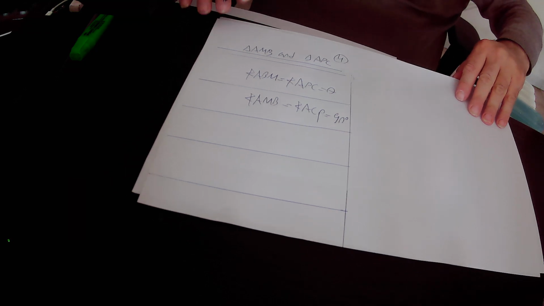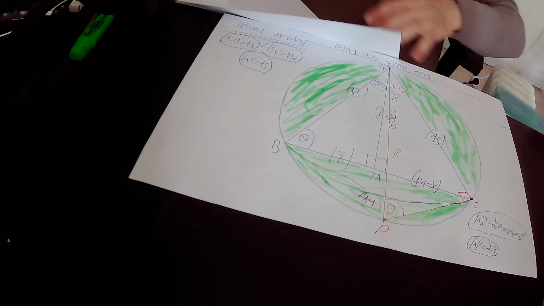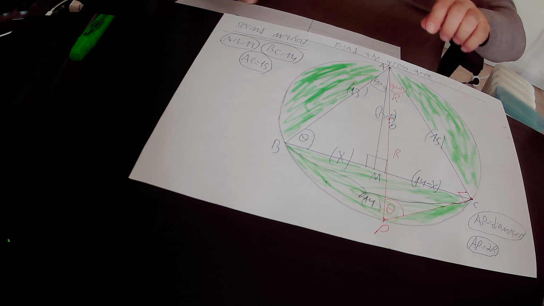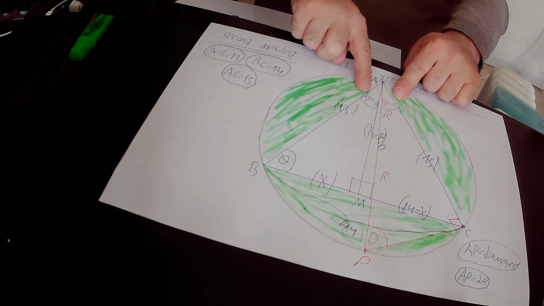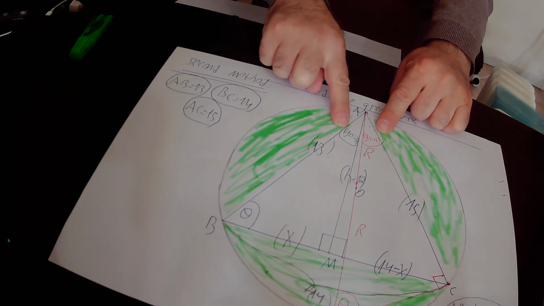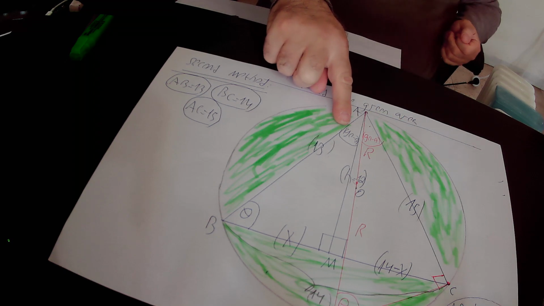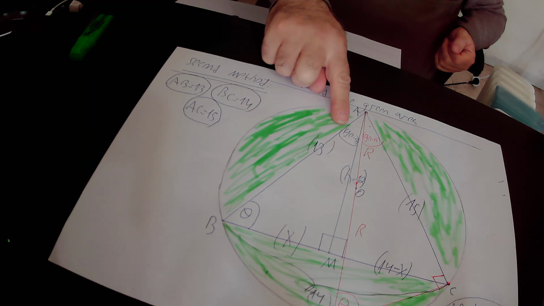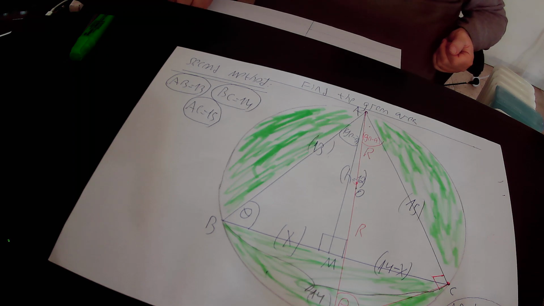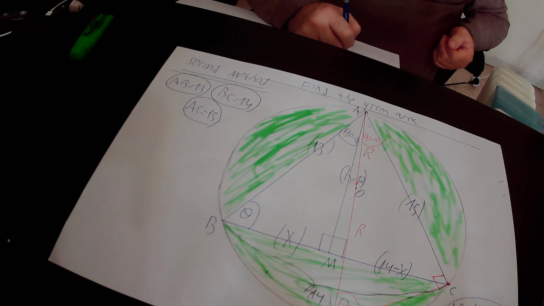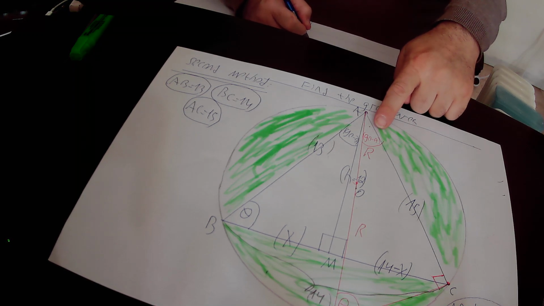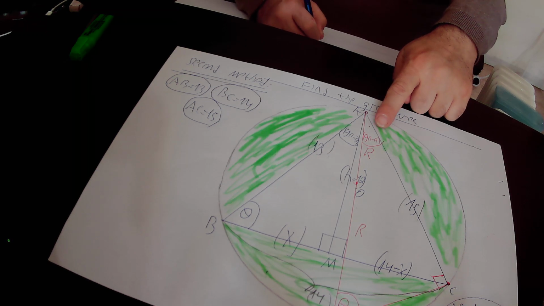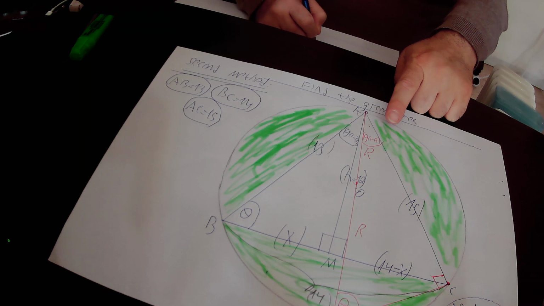And finally, those two angles are both equal to 90 degrees minus theta, therefore they are equal to each other. So this is angle MAB in triangle ABM, and it is equal to this angle, which is angle PAC in triangle APC.